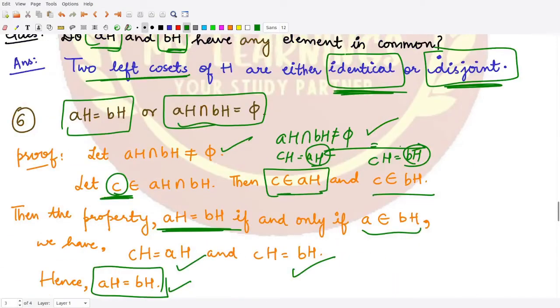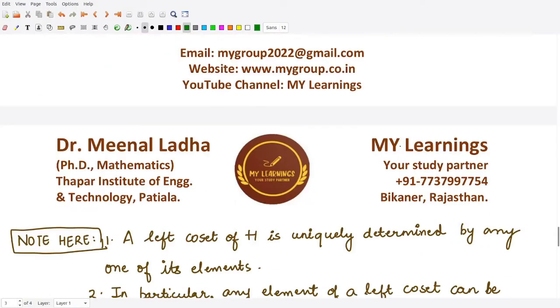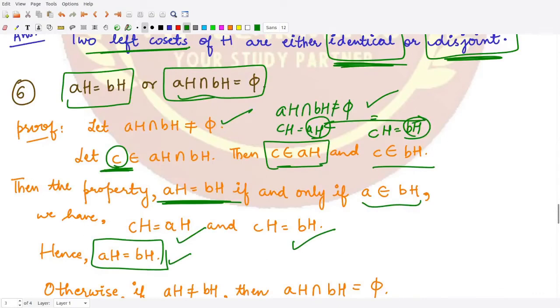This property tells us that a left coset of H is uniquely determined by any of its elements. Because of this, if A is contained in BH, then AH is equal to BH, so BH can be represented by any coset containing the element A.